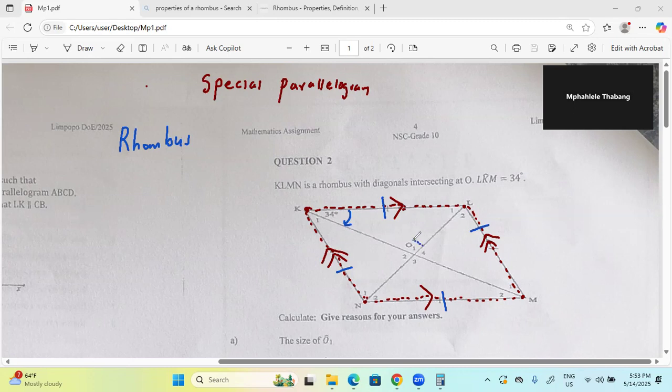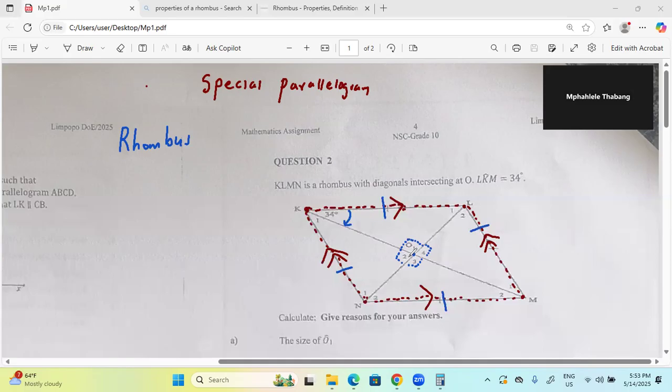So O1 is 90. O4 is 90. O3 is 90. O2 is 90. All angles at a point where the two diagonals of a parallelogram meet form 90 degrees.